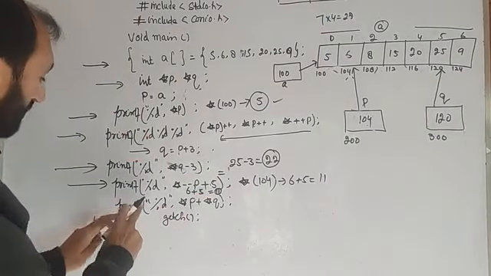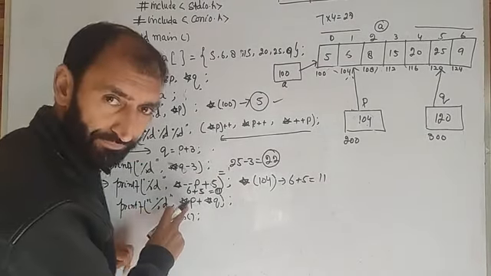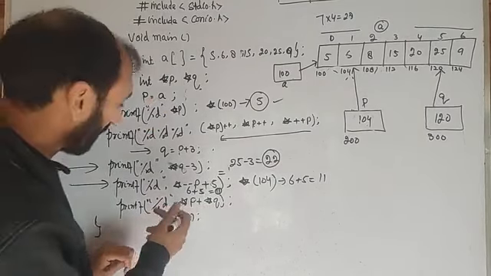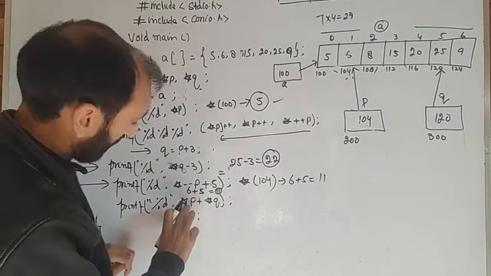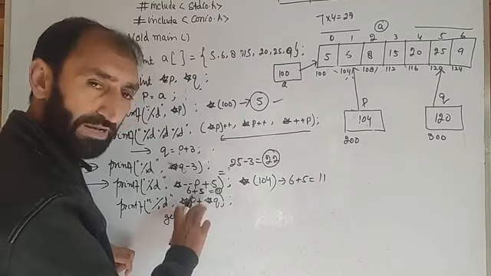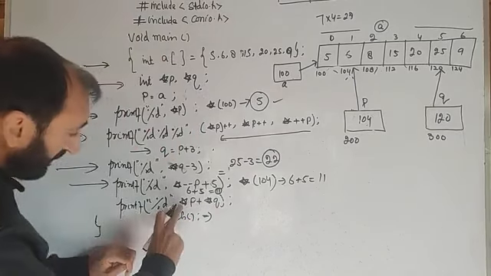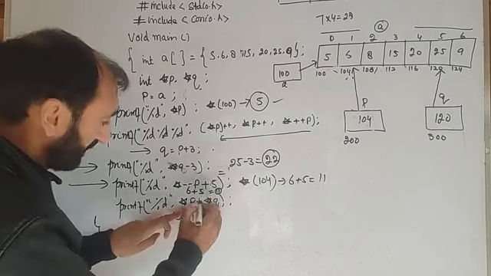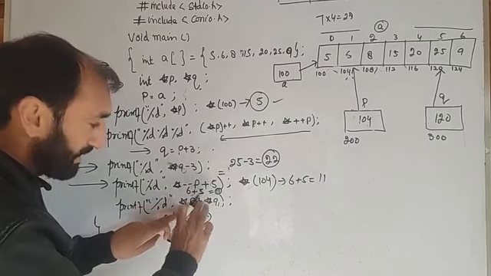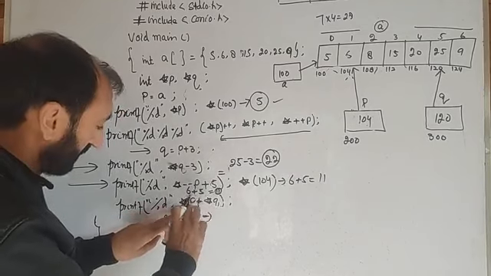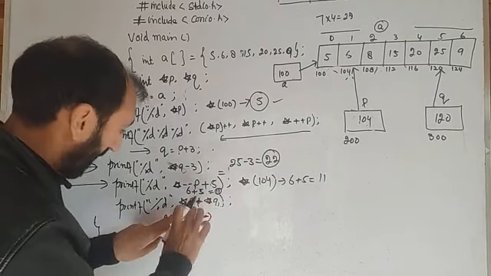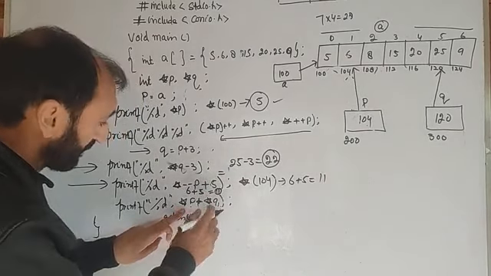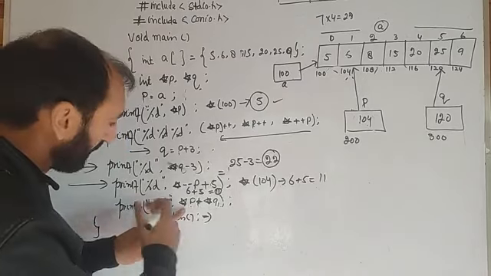Okay. Now last. printf %d indirection operator p plus indirection operator q. What does this return? The indirection operator has higher precedence than the plus operator. The star p and star q have the same precedence, and plus has lower precedence than these operators. The associativity is from right to left.